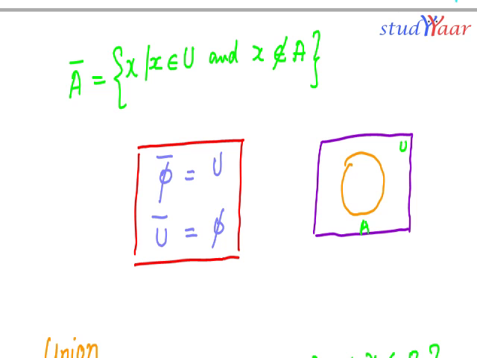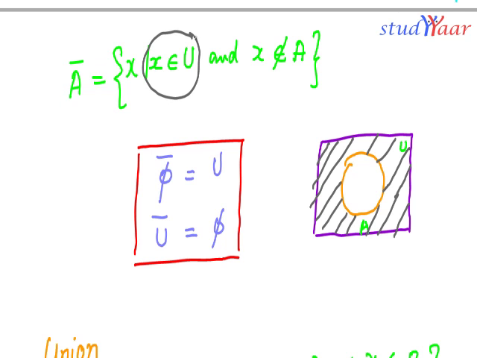Then the complement of A is represented by this region. What is this region? This is the region which is part of the universal set but not part of A, similar to our definition of complement of A, which is part of U but not part of A.